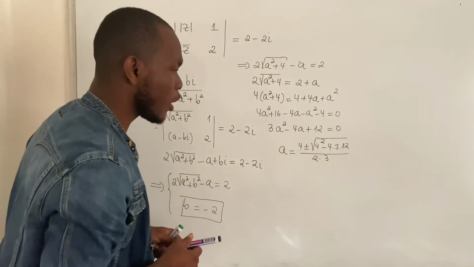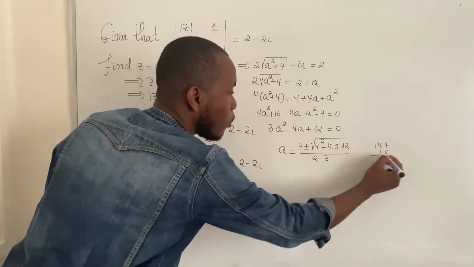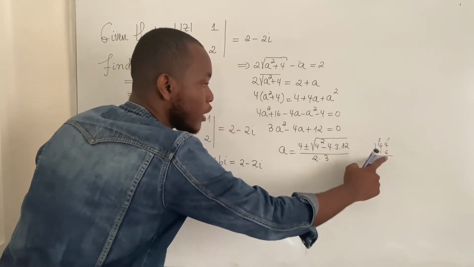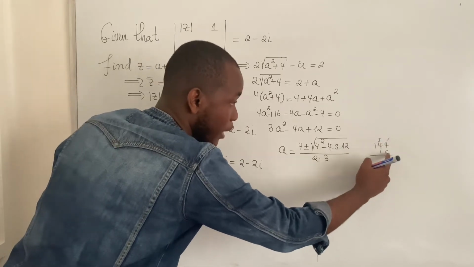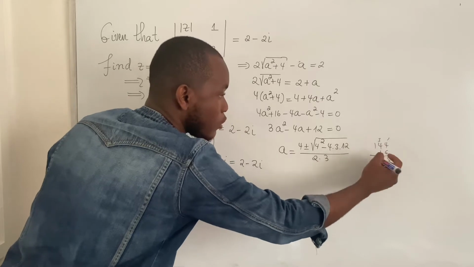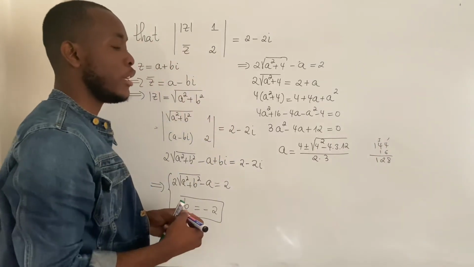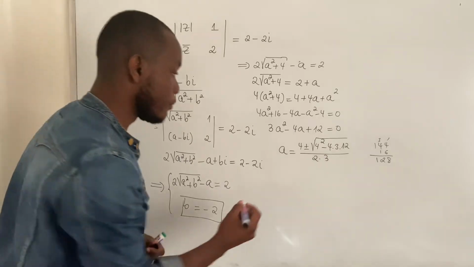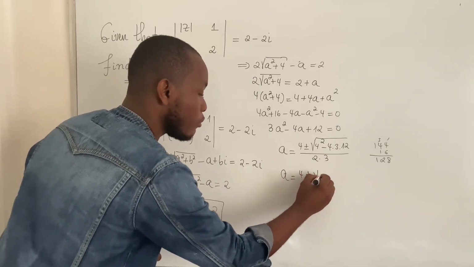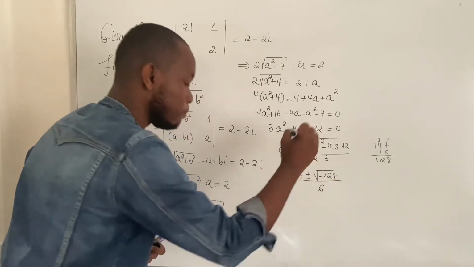Let's just do a quick calculation. 144 minus 16, what do we get? We can borrow 1 from 4, this becomes 3, this is 14, and when we subtract 14 minus 6, we get 8, and 3 minus 1, we get 2, and we keep this 1. So 128, but unfortunately it will be negative. So a will be equal to 4 plus or minus the square root of minus 128, over 6.